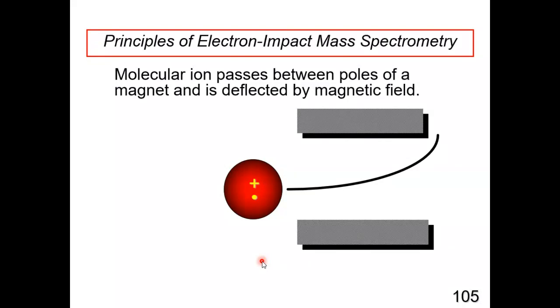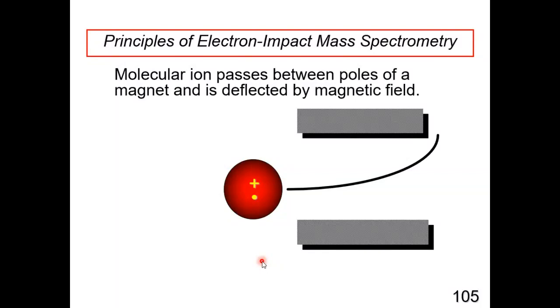You can consider the molecular ions as cars on the freeway, moving at a certain speed. The magnetic field creates a sideways force, like a wind blowing sideways on the freeway, trying to change the direction of the molecular ions. One thing I can tell you: the interaction the magnetic field has on the molecular ion is directly related to the charge on the molecular ion.